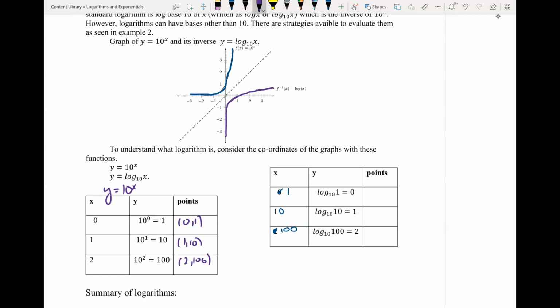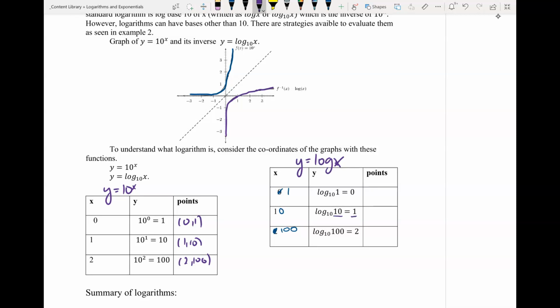Now let's look at the table of values for it as well to confirm it. If I put in x equals 1, what I'm actually doing is finding 10 to the power of what gives us 1, and that's 0. For the next one, the question I ask myself is, 10 to the power of what gives me 10, and that's 1.